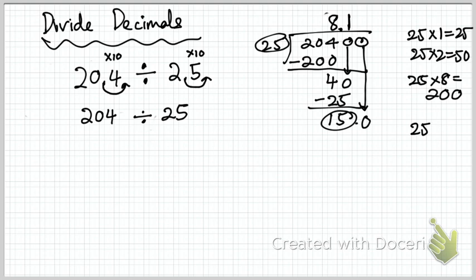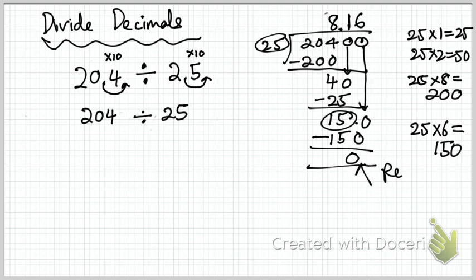And we've got one special number here, because 25 times 6 gives me 150. So we're going to put a 6 here. And this is 150. And this process stops when the remainder is 0. Does that make sense? So basically, the answer for this is just going to be 8.16.